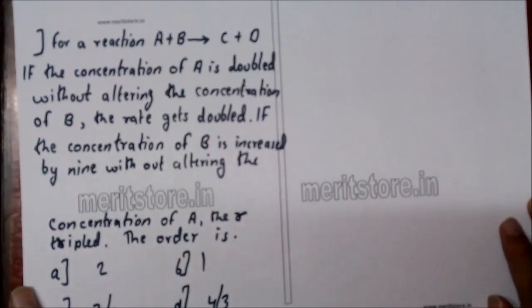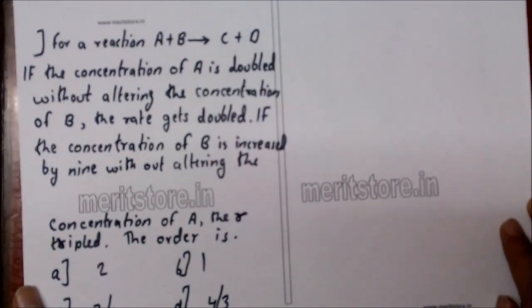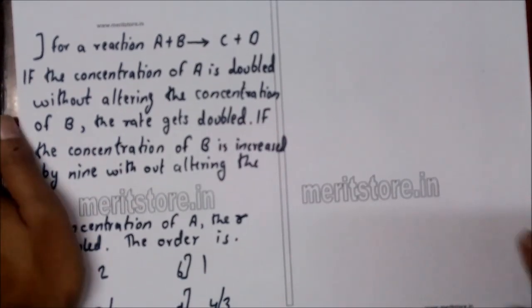For a reaction, A plus B gives C plus D. If the concentration of A is doubled without altering the concentration of B, the rate gets doubled. If the concentration of B is increased by 9 without altering the concentration of A, the rate is tripled. The order is?